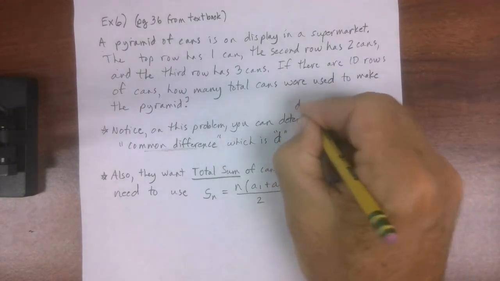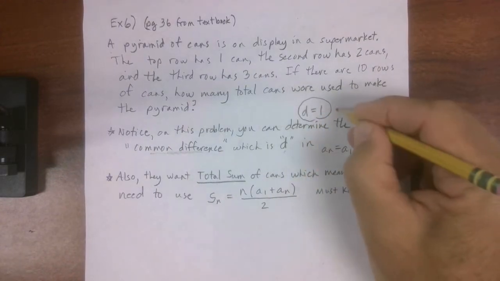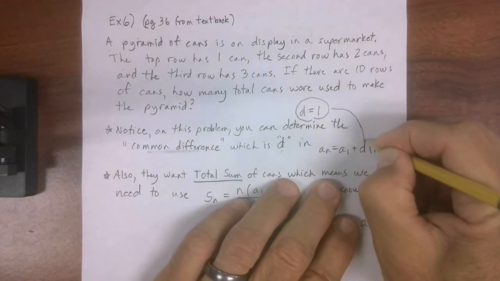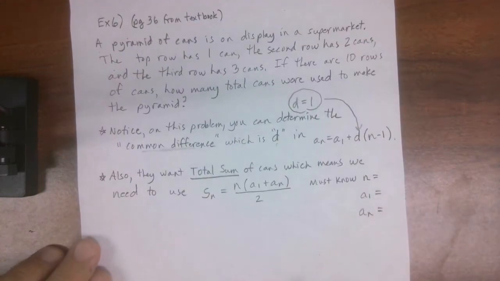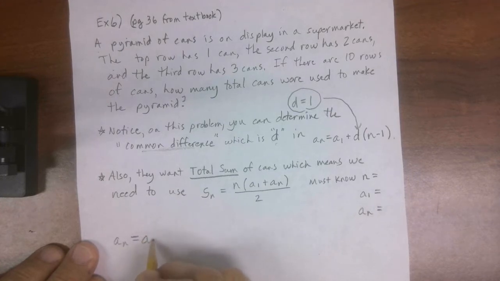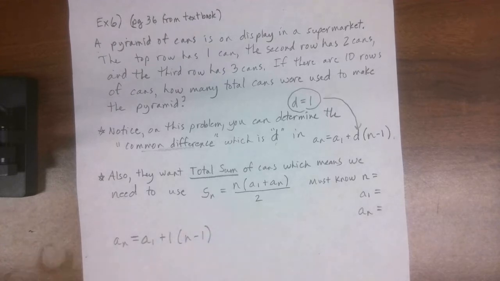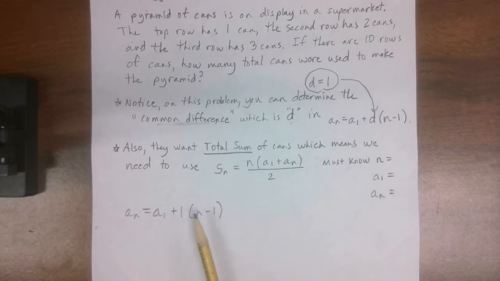So we know right away D is 1, which means we can pop it right into this generic formula, and we have A sub n equals A sub 1 plus 1 times n minus 1. So this is now a formula that will allow us to find any number of cans in any particular row.